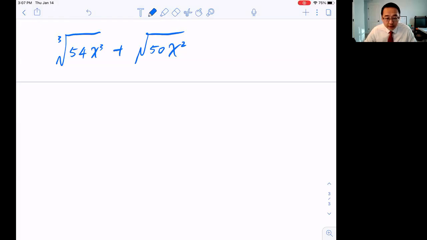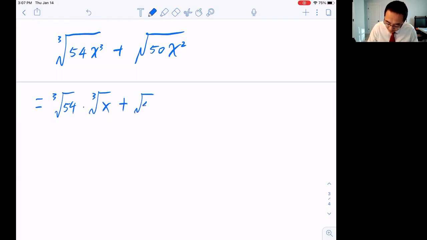Have you guys got it figured out yet? Yeah, okay, so let's look at this together, right? So again, this equals the third root of 54 times the third root of x cubed plus the square root of 50 times the square root of x squared.